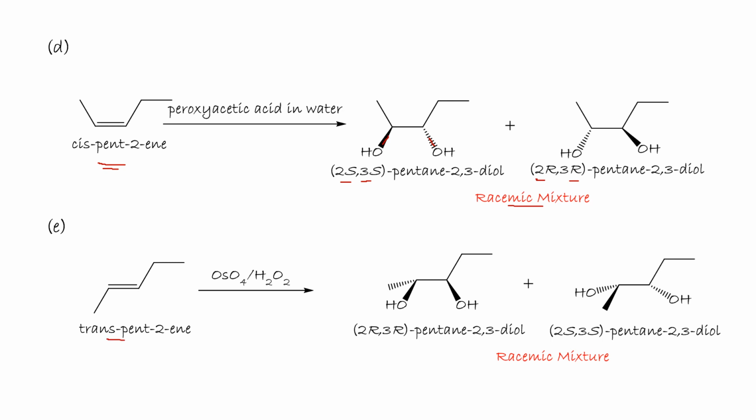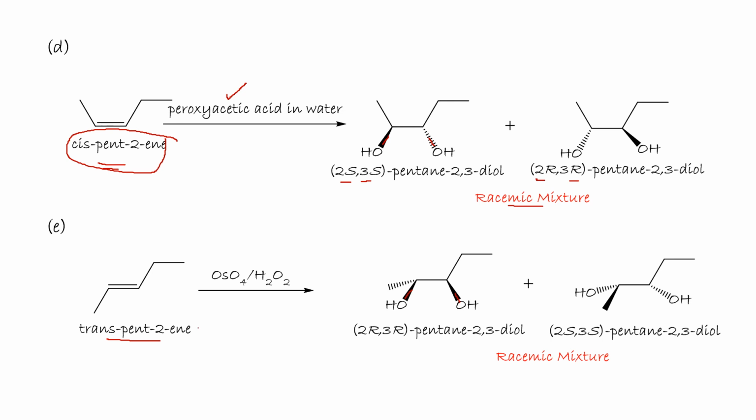Starting with trans-but-2-ene, but osmium tetroxide and hydrogen peroxide, OH syn. Notice that when we start with cis and use the reagent which gives anti, we get 2S,3S and 2R,3R.